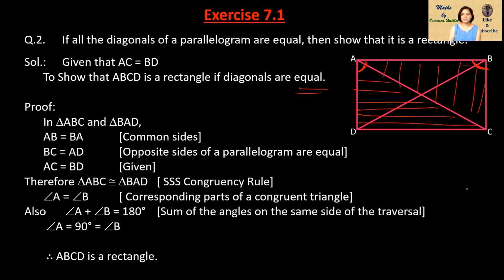So we have written here angle A equals angle B, and because these two are equal, we can say angle A equals angle B equals 90 degrees. So ABCD is a rectangle because these two are 90 degrees. So these two definitely will be 90 degrees, so all four angles are 90 degrees. That means this is a rectangle.